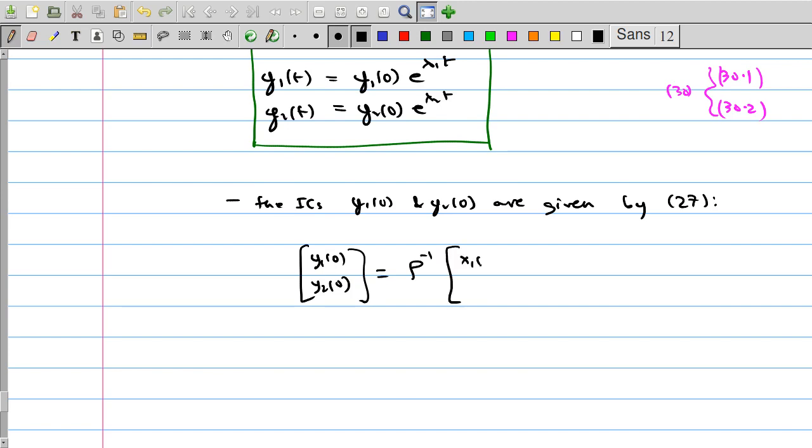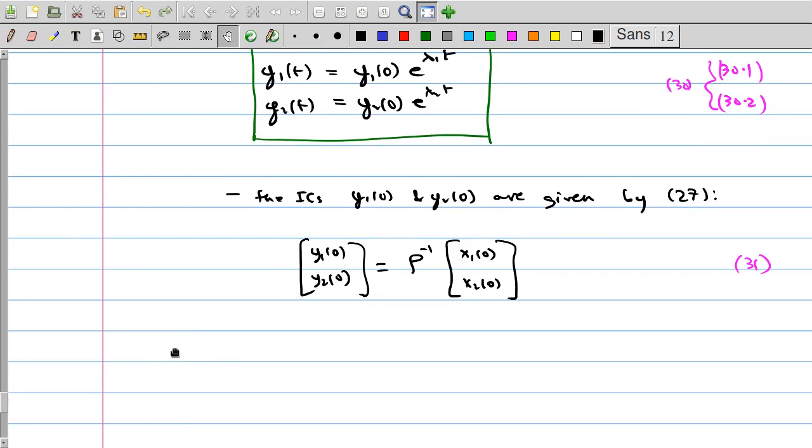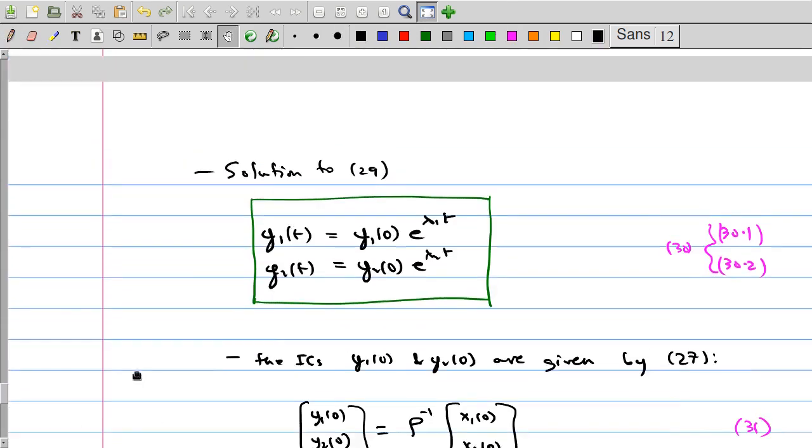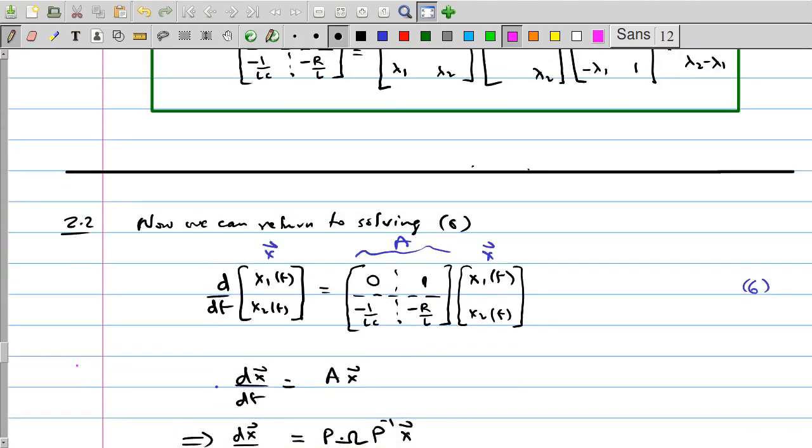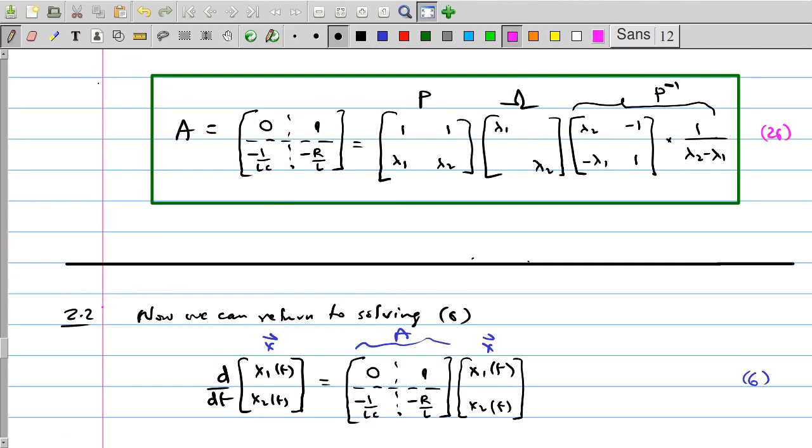P inverse times x1(0), x2(0). So there's no hassle there. And this is 31. And since we actually have an expression for p inverse, we may as well apply it right now. So hopefully it won't be too messy. Actually, it doesn't look that bad.